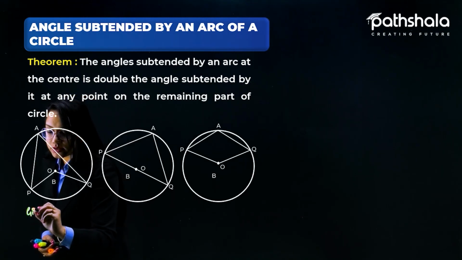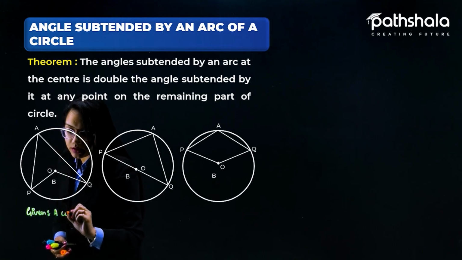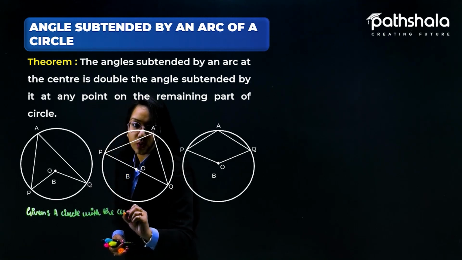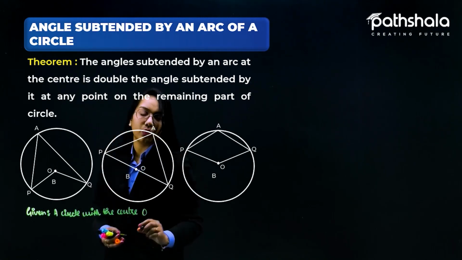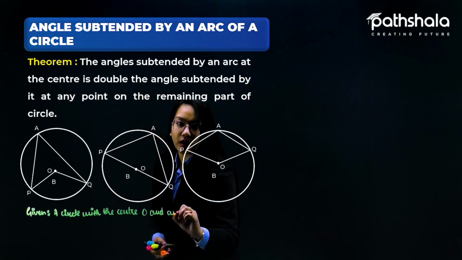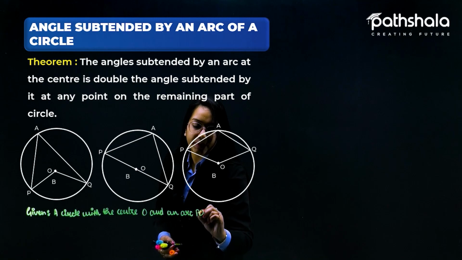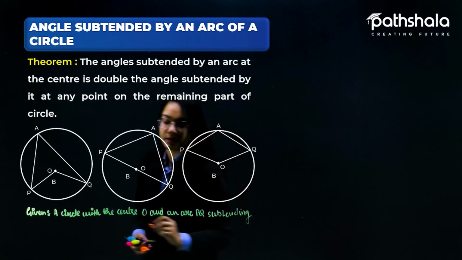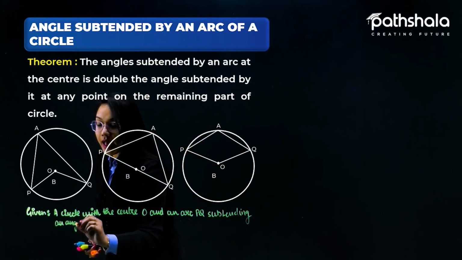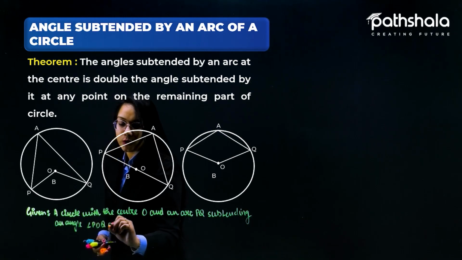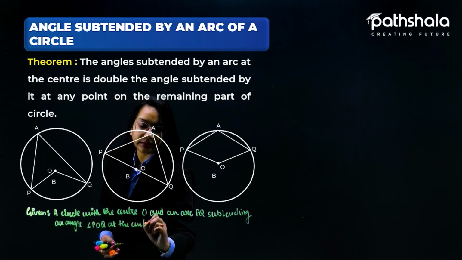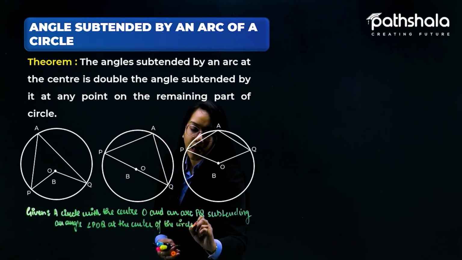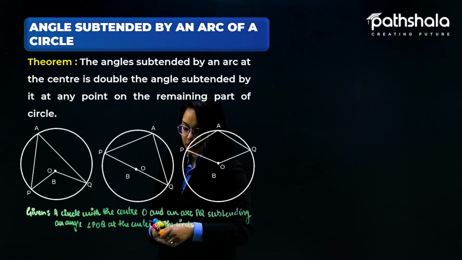Given is a circle with the center O, and an arc PQ subtending an angle POQ at the center of the circle.